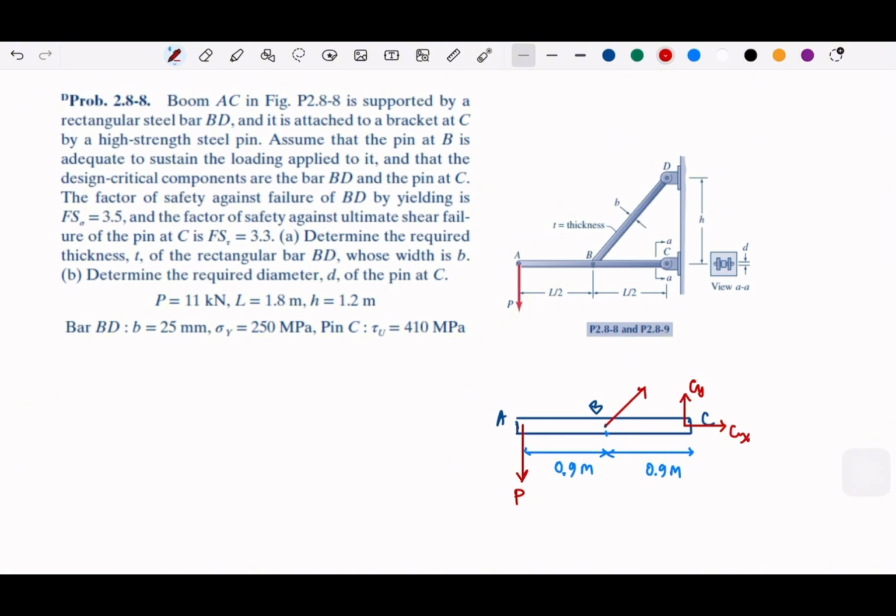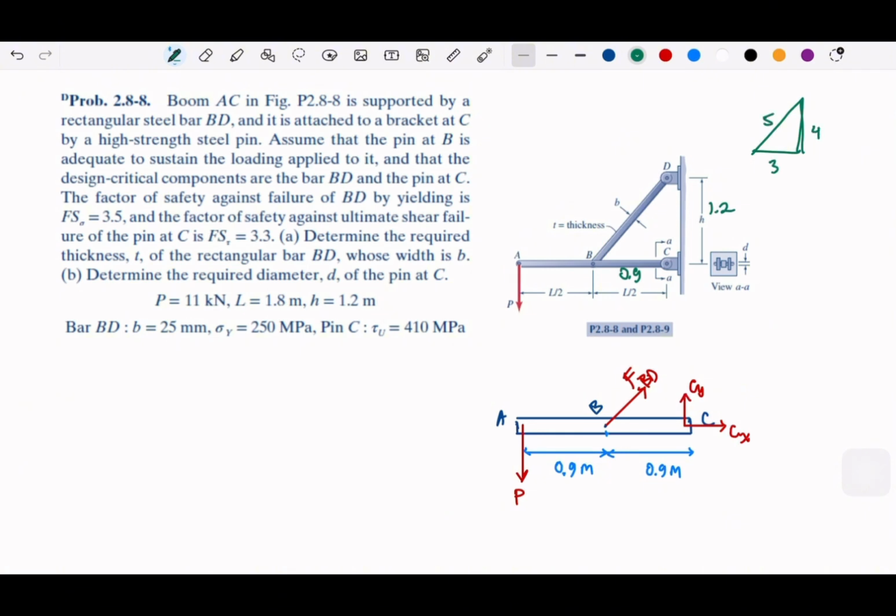Let's name it FBD. I think we have all. Since the distance L over 2 is 0.9 and H is 1.2, what we have here is a 3, 4, 5 triangle, right? If we divide by 0.3, we have 3, 4, and 5.